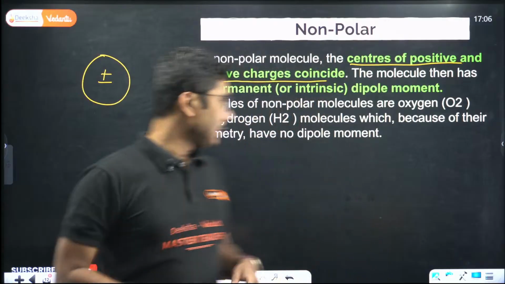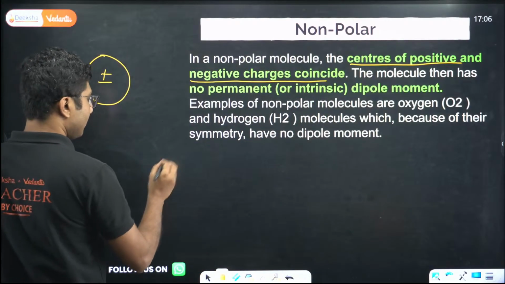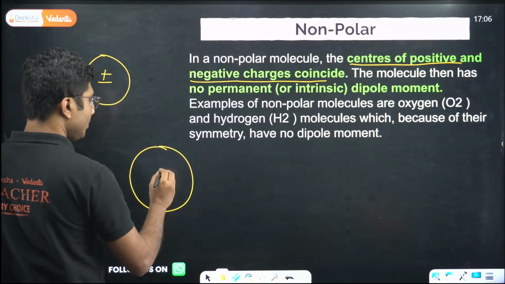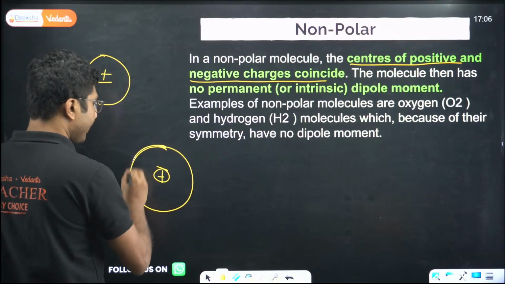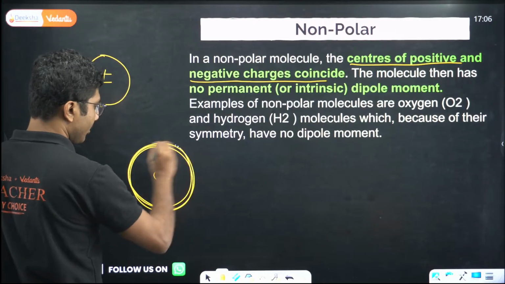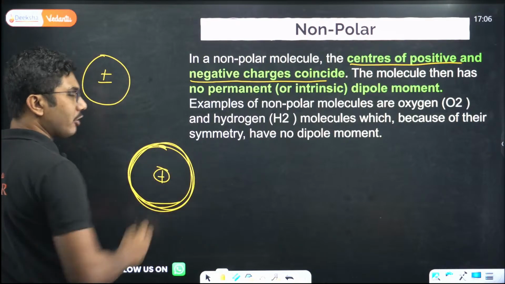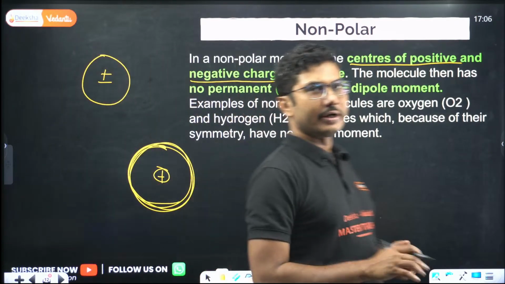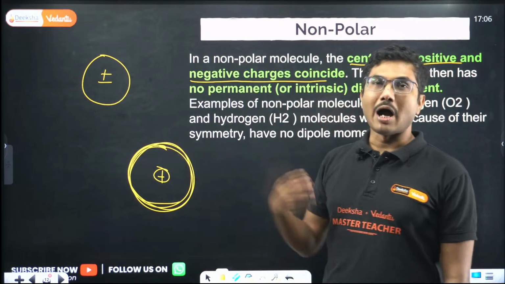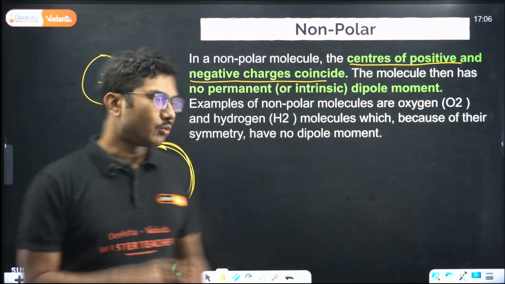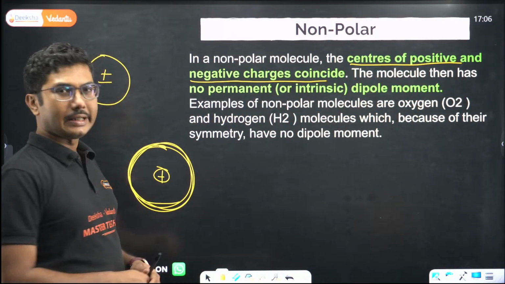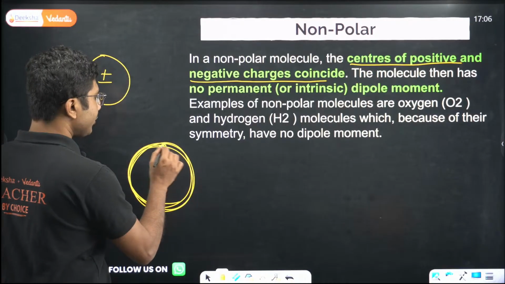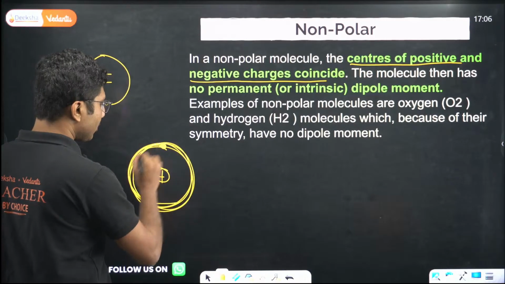For example, suppose you consider an atom. This is the positively charged center, and electrons are orbiting around it. You might say, sir, there is already a distance or gap between them, so how can they coincide? When I was a student, I asked my teacher the same. Basically, the electron is not static, it is constantly rotating.